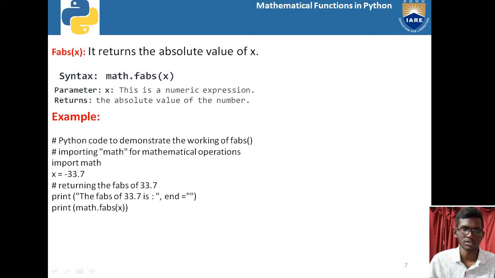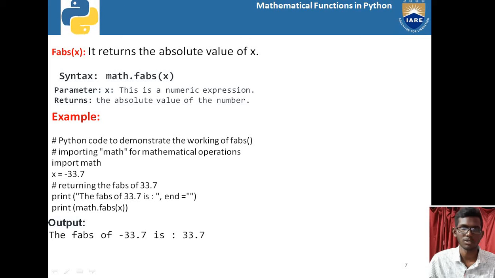We print the fabs of minus 33.7 is, end, print math.fabs. Now we get the output, can you see, the fabs of minus 33.7 is 33.7.